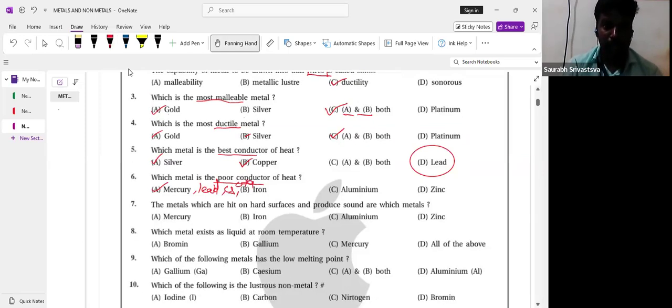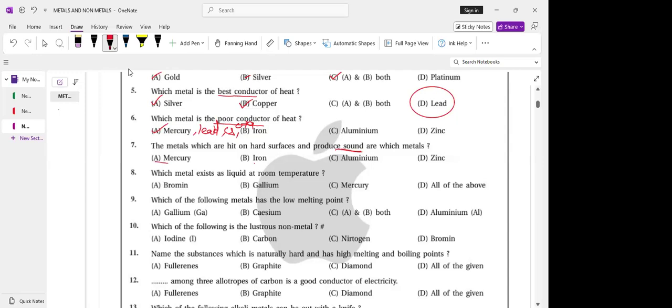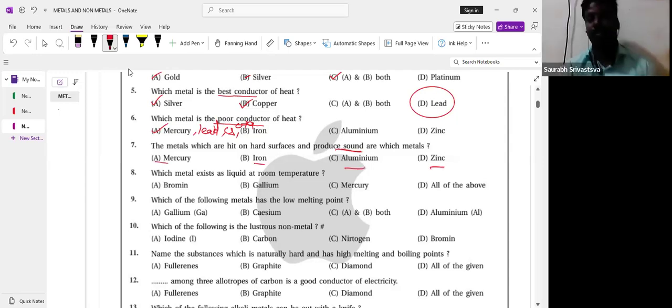And next, metals which are hit on the surface will make a sound. Here they have given mercury, iron, aluminium and zinc. So which is the proper answer? We have to tell that.